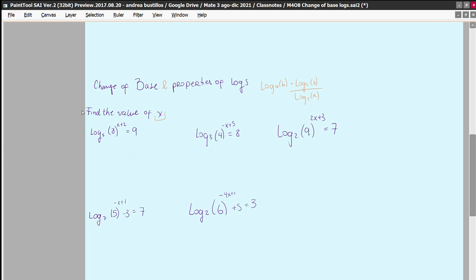So we can use the power property to get the exponent to be not an exponent anymore. By using the power property on this logarithm, I can rewrite this expression as the exponent times logarithm base 5 of 8.